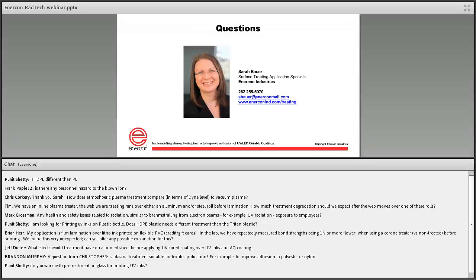We've got a question here on printing UV inks on plastic bottles. Does HDPE plastic need different treatment than Triton? Whenever you change your substrate, it is always good to re-qualify not only with your ink, but also with the treatment step. It even goes beyond different types of plastics.